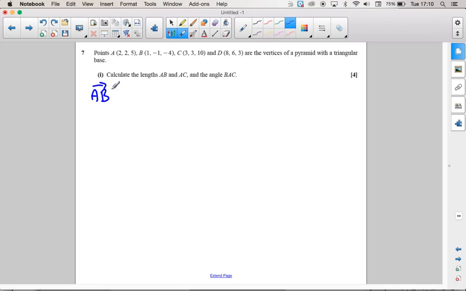A to B is, well, I'll give you a proper explanation as to what it is. If A is here and B is here, and here's my origin at O, and I want to know how to get from A to B.